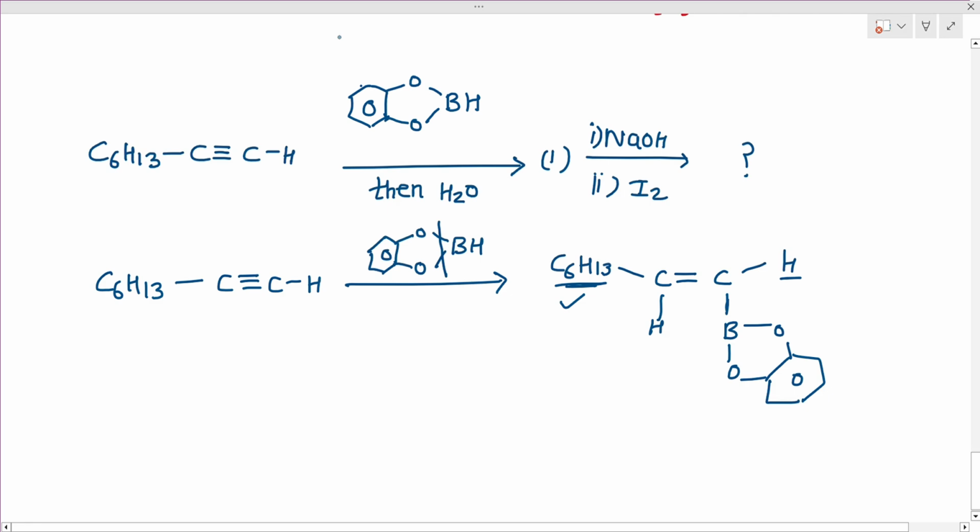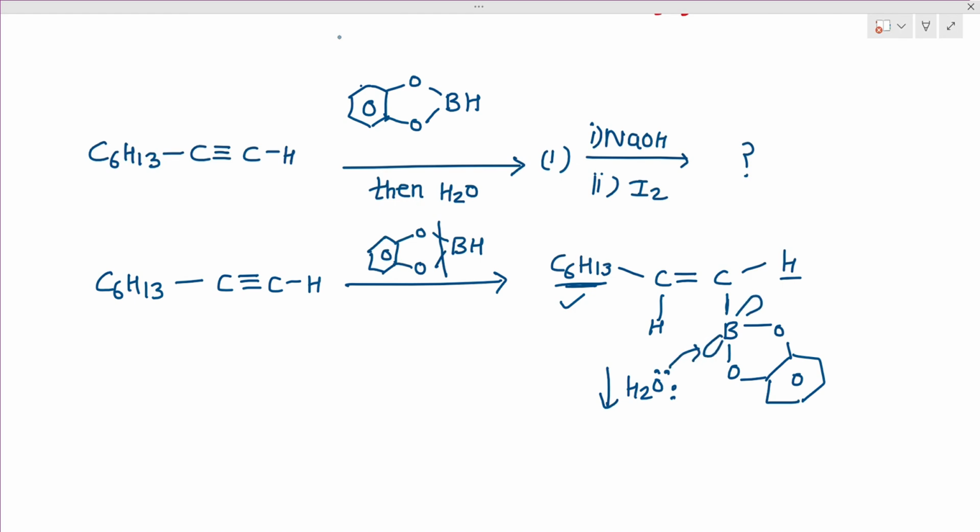Just simple. Now you have to treat it with the H2O. Oxygen has the lone pair of electrons. So where will it attack? This will attack on the less electron density side. So here is the vacant orbital, so this will attack on this side.